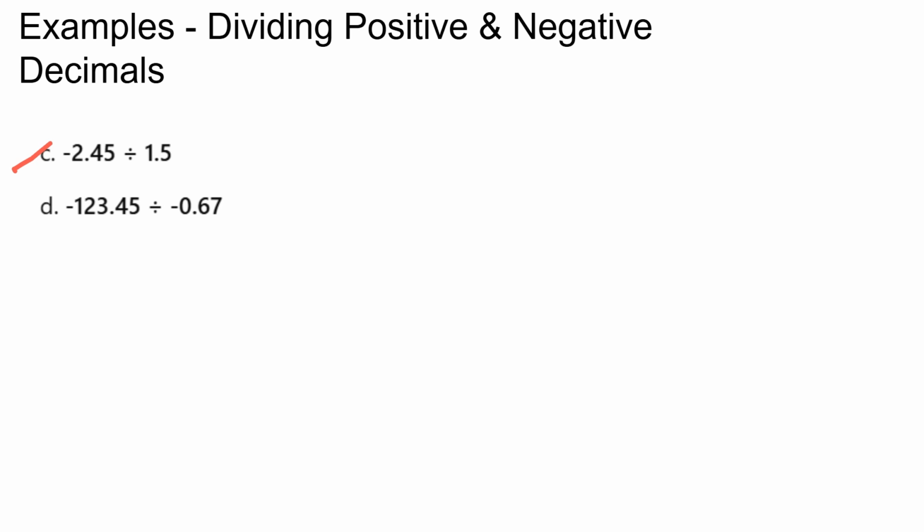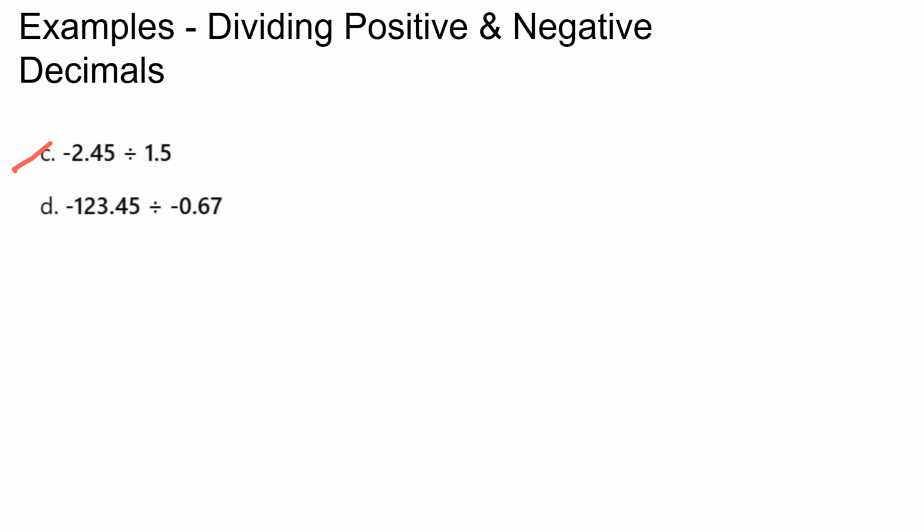Always remember, whenever we're dividing decimals, we need to convert the divisor to a whole number by moving the decimal point to the right. Then move the decimal point in the dividend the same number of places to the right, and then perform long division as usual.